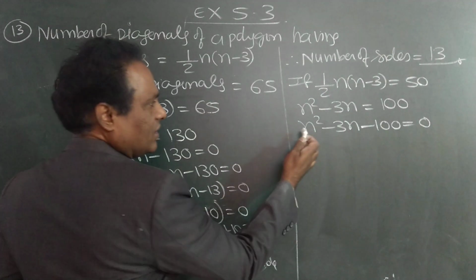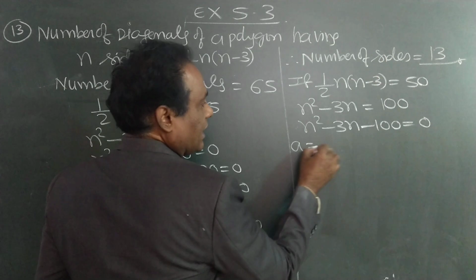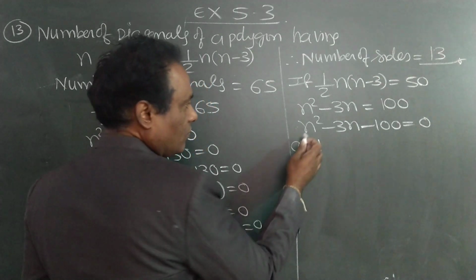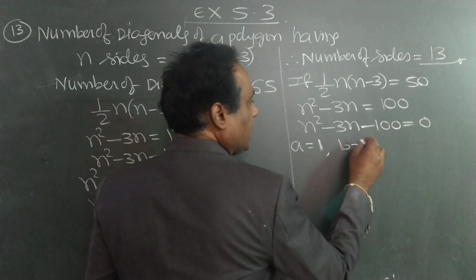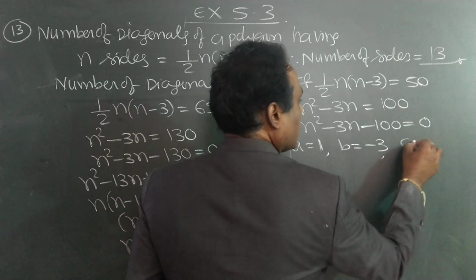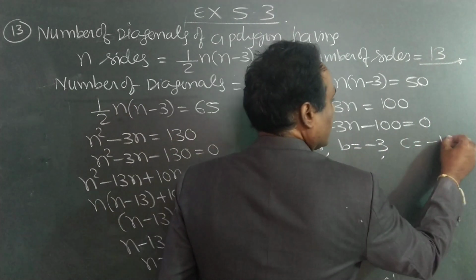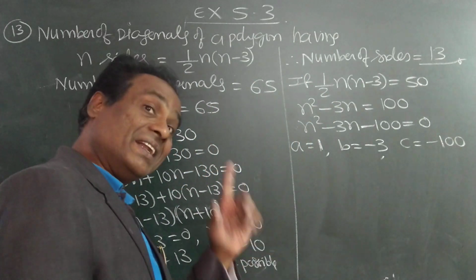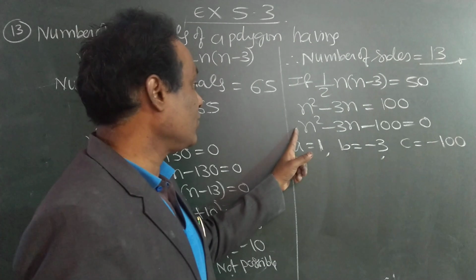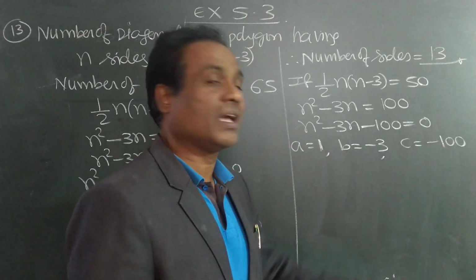See here, this n square coefficient is taken as A. What is the n square coefficient? 1. This second one is B. Third one is C. What is C? Minus 100. Formula method. Try to remember the formula. I explained the formula. I derived the formula also. A is 1, B is minus 3, C is minus 100.